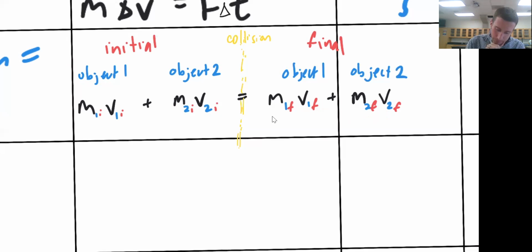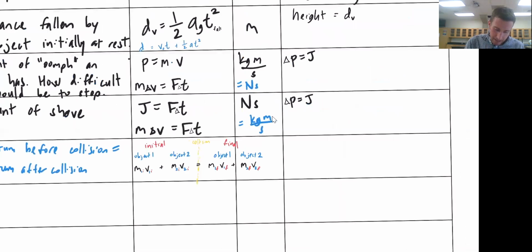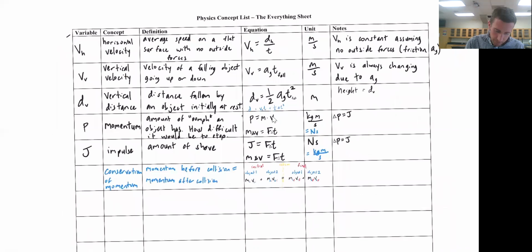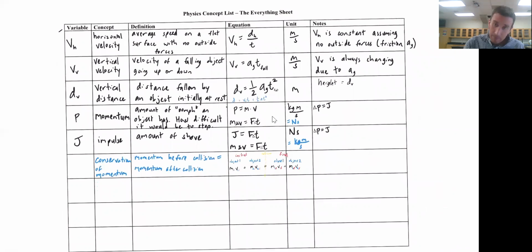All right, so that is our physics everything sheet for momentum, impulse, horizontal, vertical velocity, and vertical distance. All right, good job adding those to your physics everything sheet so that now you will be ready to use those in future problems. Enjoy.